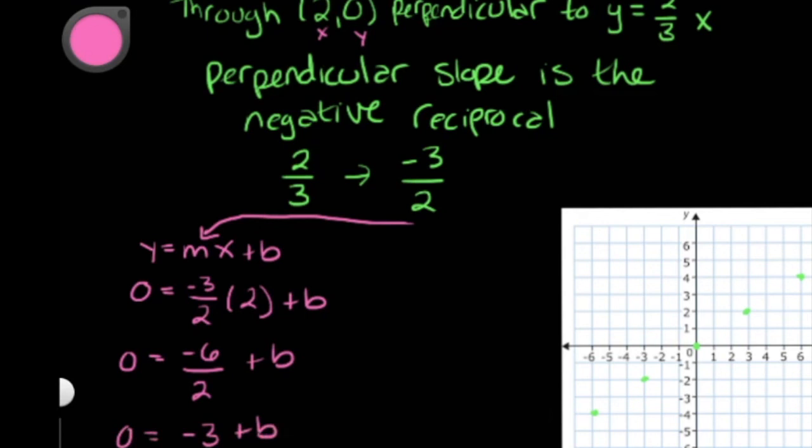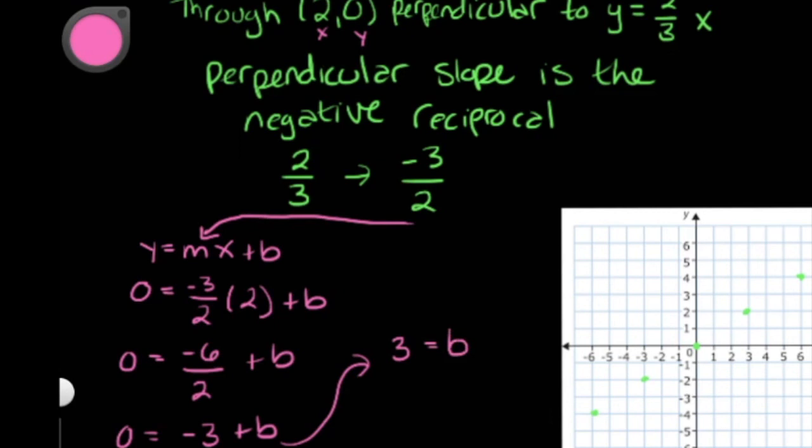Now to figure out what our b is, I'm going to rearrange this. We have to isolate for b. So I'm going to move the 3 to the other side. Negative 3 on the other side is positive 3 equals b, right? Because it's just 0 on the other side. So 3 plus 0 is still 3.